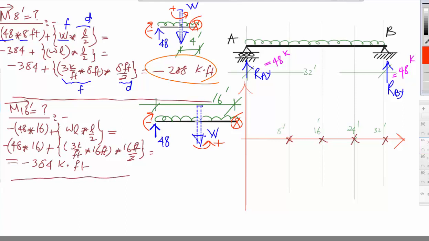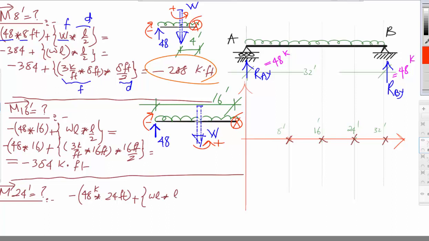Now if we want to do the distance of 24, it is equal to how much? So the sketch will be the same, so I'm not going to do the sketch again. It will be equal to minus 48 kip multiplied by 24 feet, then plus WL multiplied by L divided by 2.